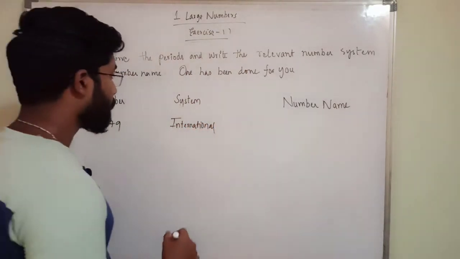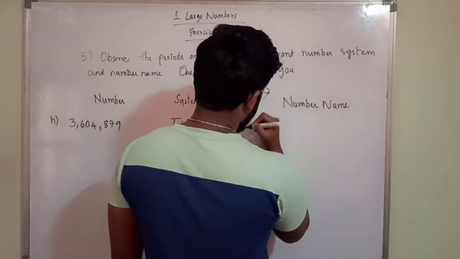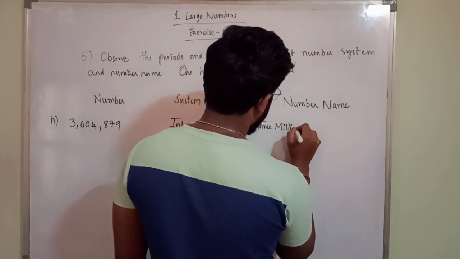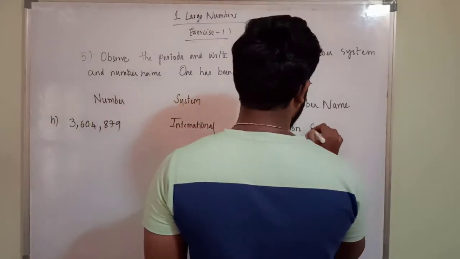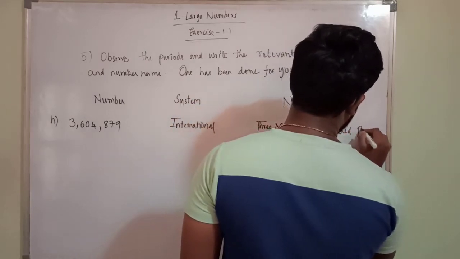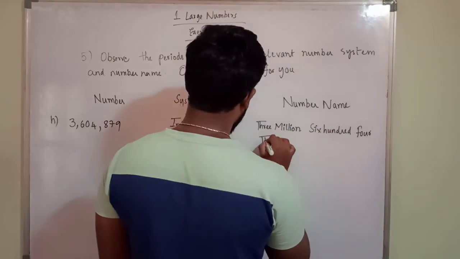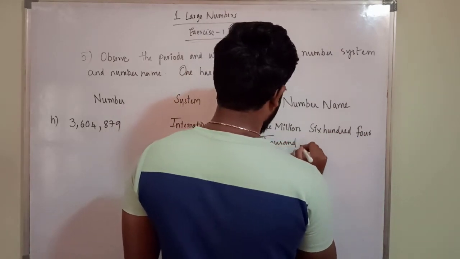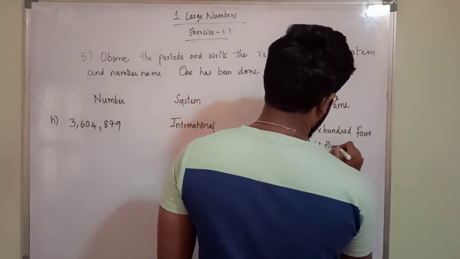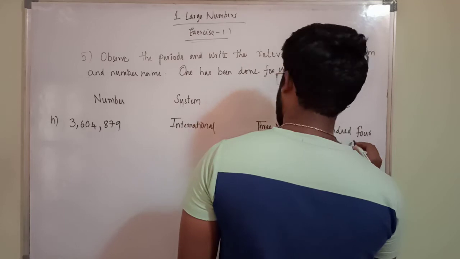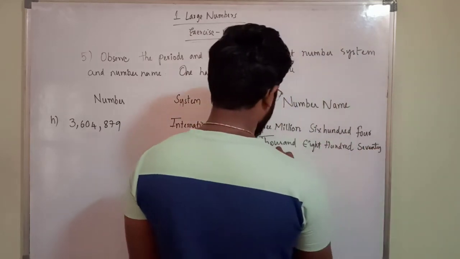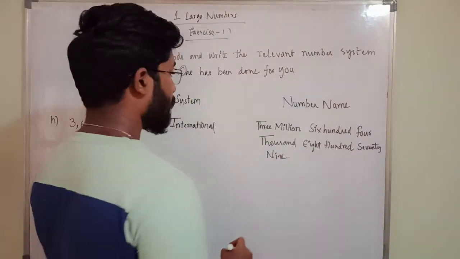What is the number name? 3,604,879. Okay, this is the number.